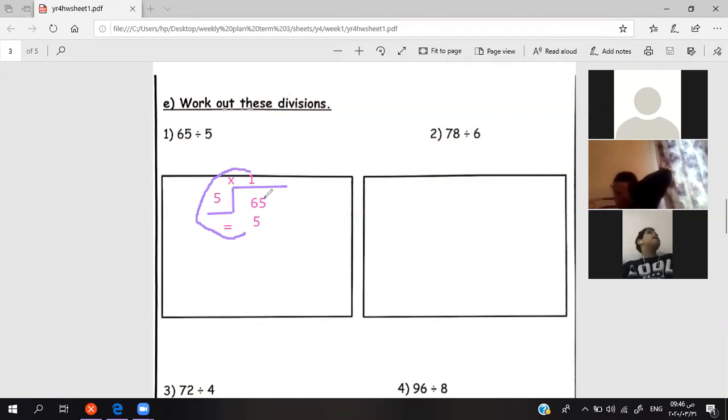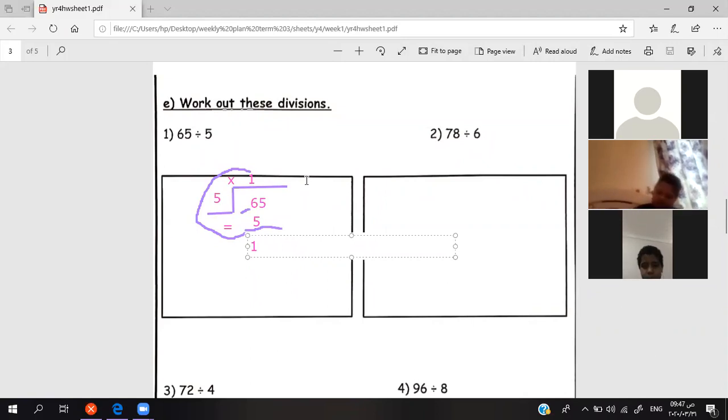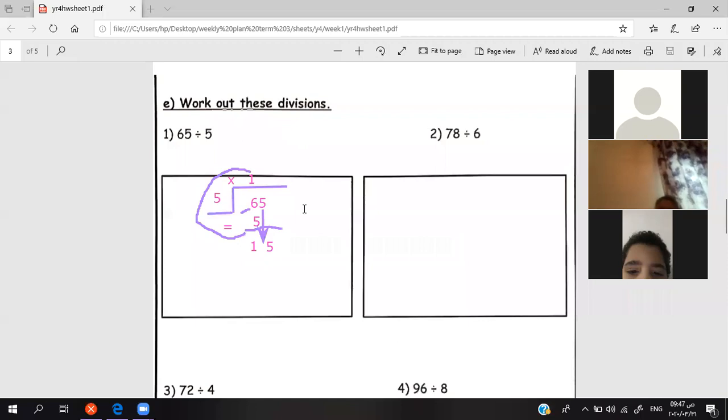Next step is to make a minus. 6 minus 5 is going to be a 1. Like this, I minus and I wrote my answer. So now it's time for the third step, which is number go down. The 5 will go down. I finished my 3 steps, which are multiplying, minusing, and number go down.